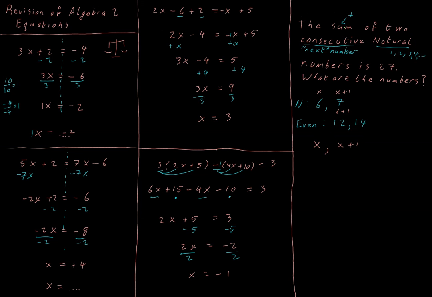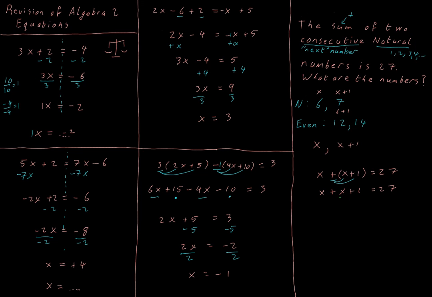So if I add up two consecutive numbers, I get 27. So x plus the next consecutive number, I'll put it in brackets if I like, it's 27. So I can multiply this out, I suppose. I have x plus 1 is equal to 27.